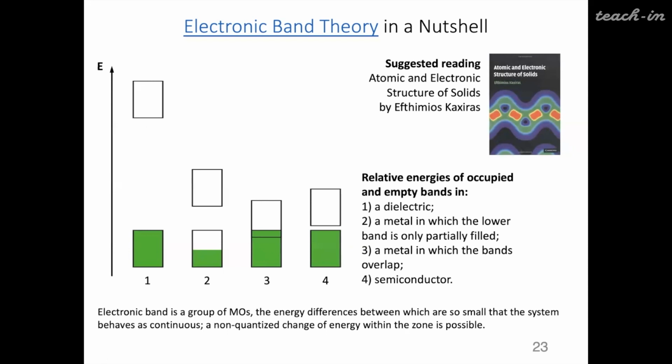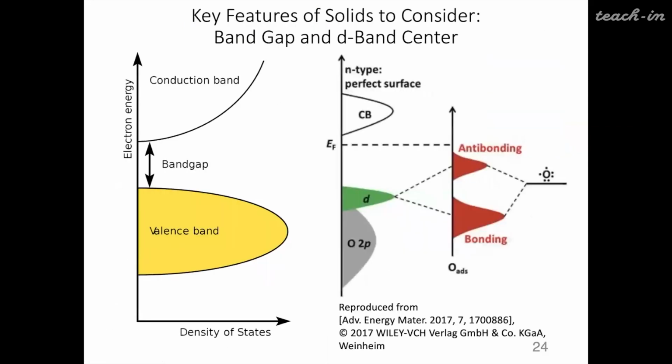And if you are interested in electronic band theory, I suggest you this book that gives a soft introduction to the topic. So here we are interested in band properties. Why can this be?